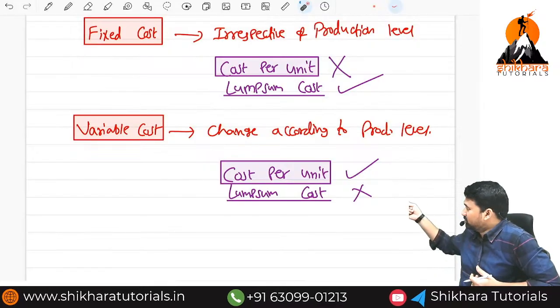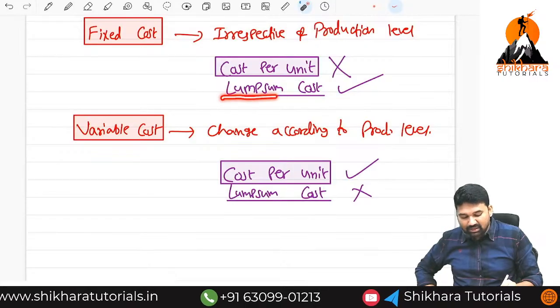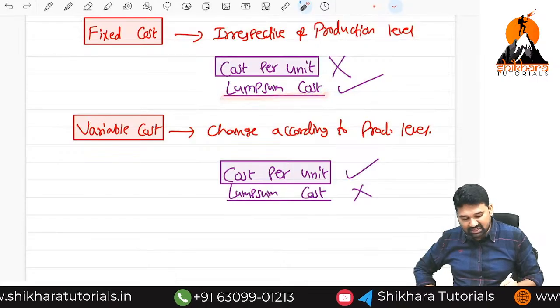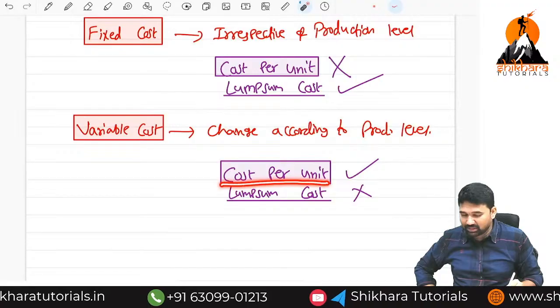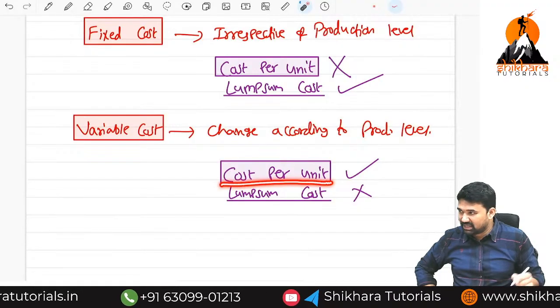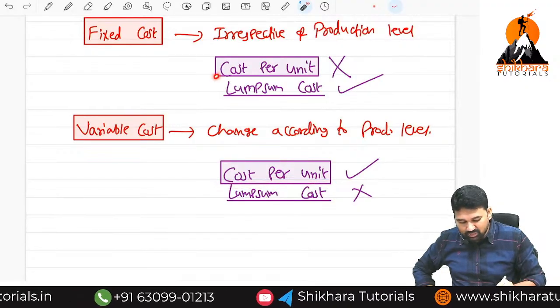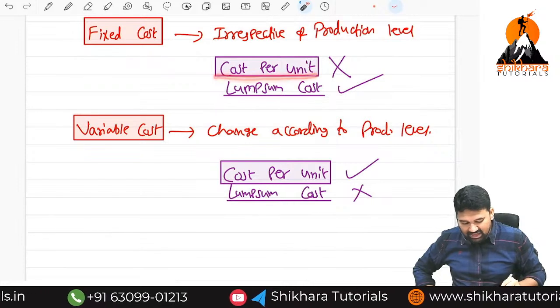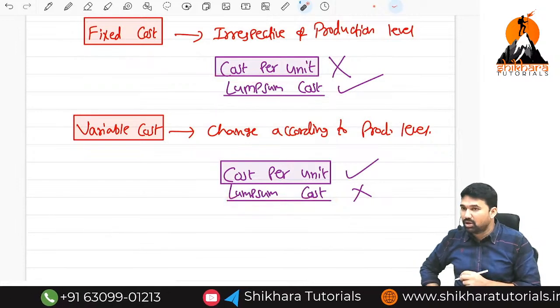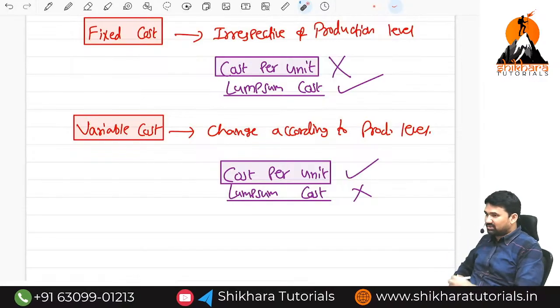In first scenario, right symbol is applicable in lump sum cost. In second scenario, right symbol is applicable in cost per unit. In first scenario, no symbol is applicable in cost per unit, and in case of second scenario, no symbol is there in lump sum.